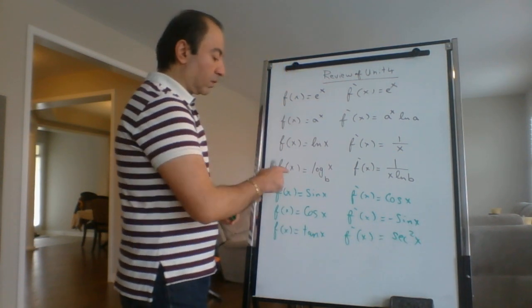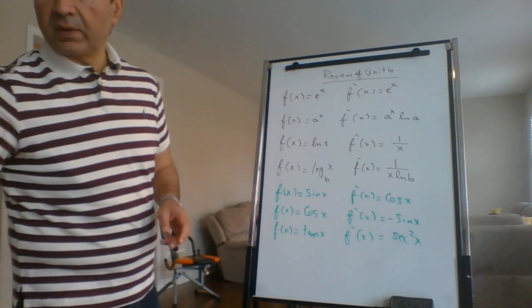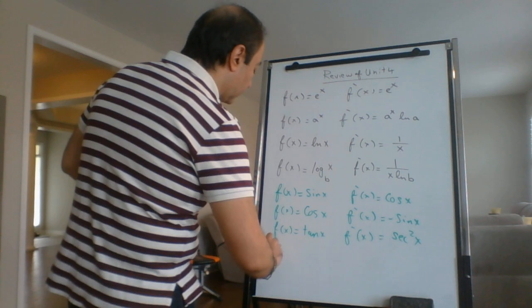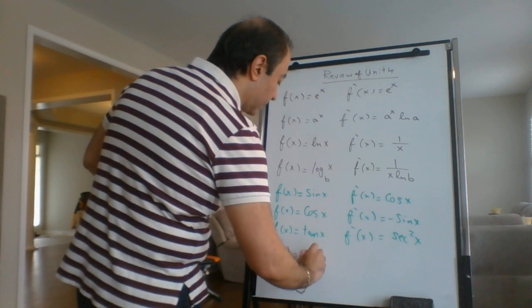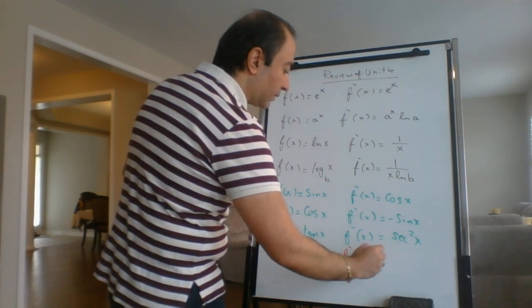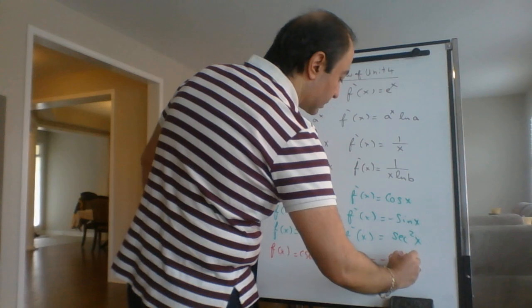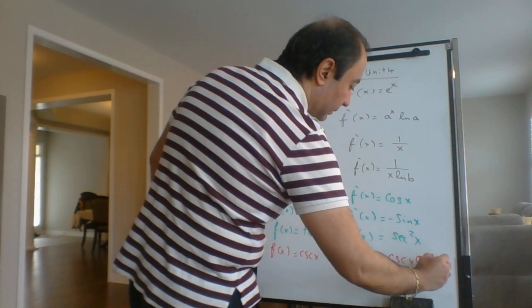Then from these rules we found 3 additional rules. If f of x equals cosecant x, f prime of x equals negative cosecant x cotan x.